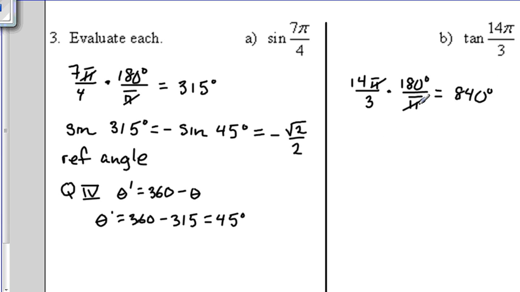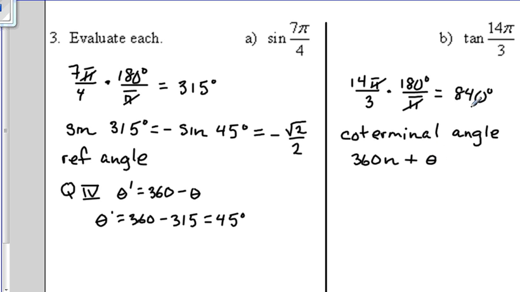Now, 840 degrees is bigger than 360. Because it is bigger than 360, what we'll have to do is find a coterminal angle first. The formula for a coterminal angle is 360n plus theta.